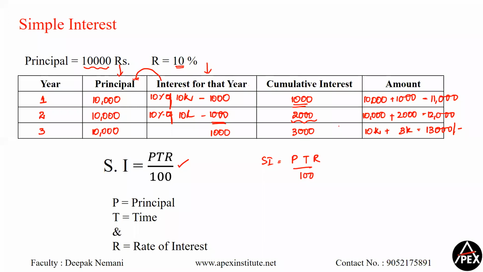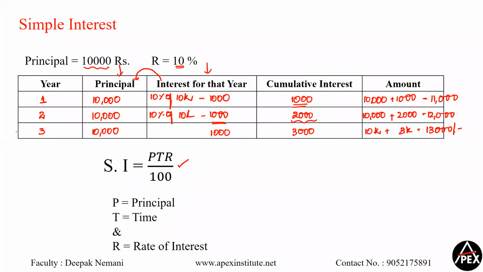In questions from simple interest and compound interest, you will be given any three of these four variables. We have four variables here: simple interest, principal, time, and rate. You will be given any three, and you will be asked to find the fourth one. Clear? Let's check this formula with respect to this question.